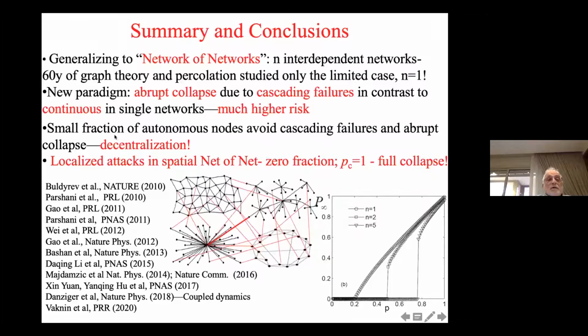Now I showed you that a small fraction of autonomous nodes avoids cascading failure. If I choose 2% of them randomly to have another way to connect, for example, communication, they are not depending. Some of them do not depend on this one.